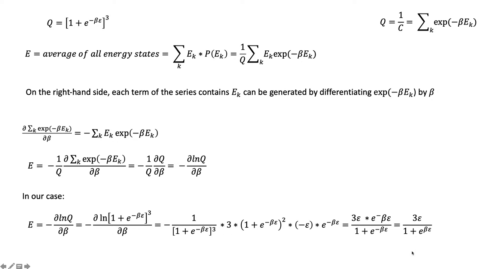So the 2 and the 3 cross out, you're left with this term to the power of 1 at the bottom, the negatives cross out, and you have 3 epsilon times e to the power of negative beta epsilon. If you divide the numerator and the bottom part, you get 3 epsilon over 1 plus e to the power of beta epsilon. So this is how we can get the average energy from our partition function.